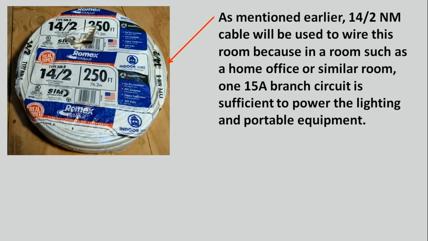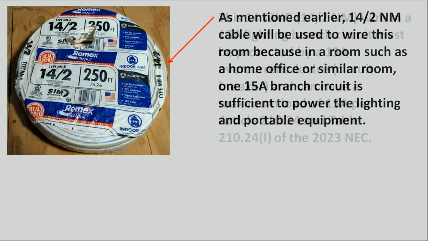As mentioned earlier, 14-2 NM cable will be used to wire this room because in a room such as a home office or similar room, one 15 amp branch circuit is sufficient to power the lighting and portable equipment.